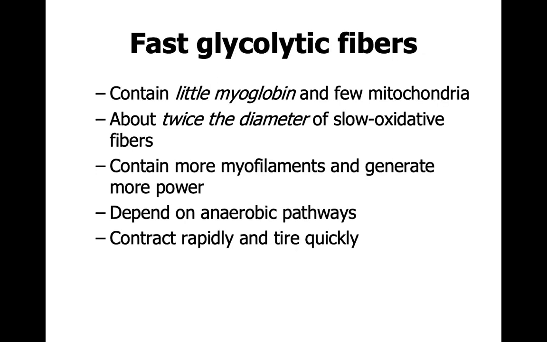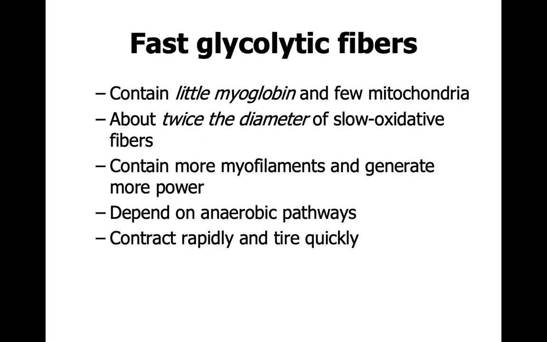Fast glycolytic is almost the opposite of what we talked about, the slow oxidative. They contain little myoglobin and few mitochondria. The diameter is larger compared to the slow oxidative ones. They do contain more myofilaments, which are basically actin and myosin, which allows the muscle to create a stronger contractile force, or more power.